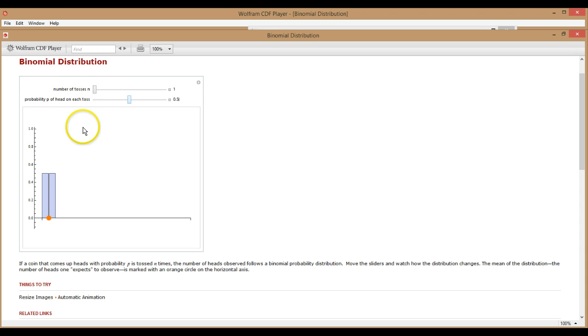So this is the first trial, and this is a histogram. So this is 0.5 and 0.5, and let's just increase the number of trials. If you do 2, it looks like this, right? 3, 4.